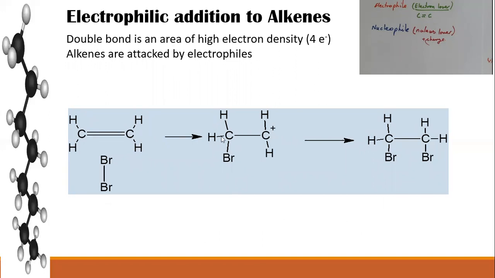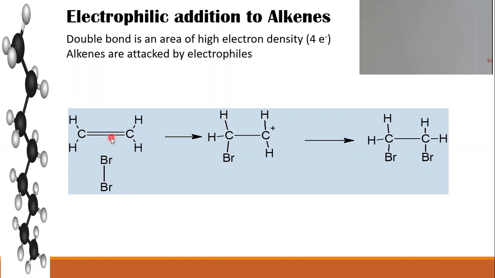What is new for you in the AS part of this is to study the reaction mechanism. As I said, my double bond is an electron dense area. And because it's electron dense, if we have a bromine in close proximity, remember this is a nonpolar covalent bond.